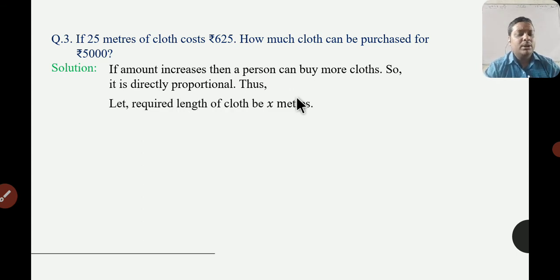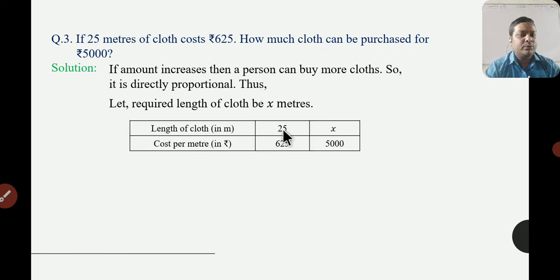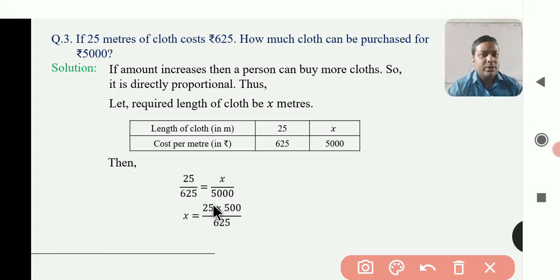So now we will assume the required length of cloth to be x meter. In that case, if the length of cloth is 25, then the cost is 625. If we assume the length of cloth is x, then its cost will be 5000. Again directly proportional. So we will write 25 by 625 is equal to x by 5000. So it will be like this. Now we can solve it. 25 1 ja and 25 25 ja 625.